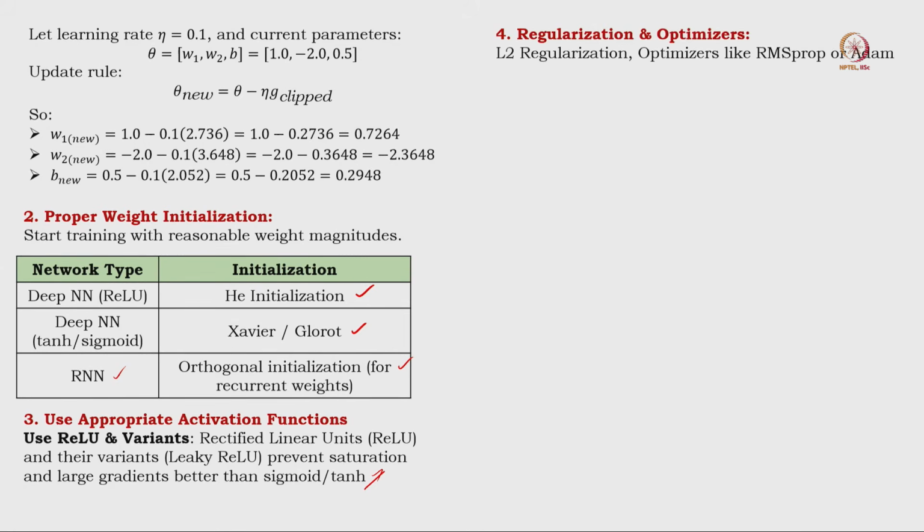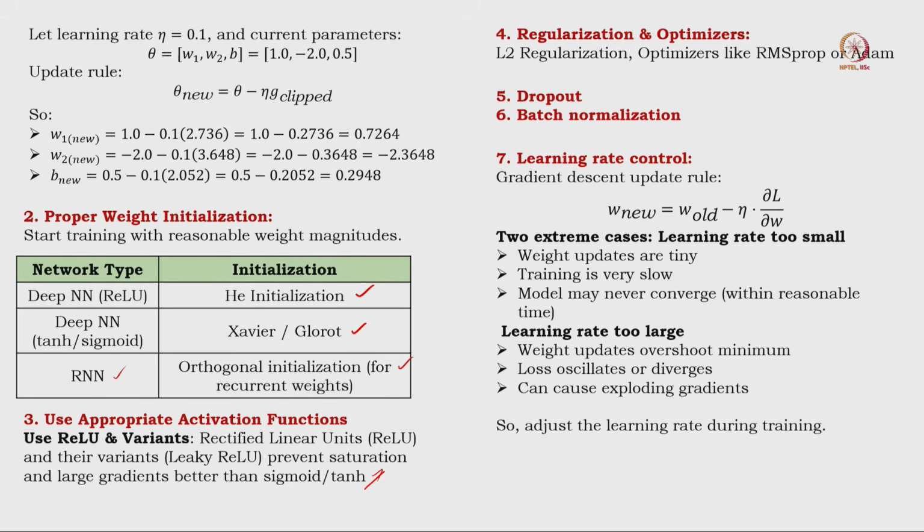Then the fourth technique: you can use regularization and optimizers. L2 regularization will control the exploding gradient, or you can also use optimizers such as RMSprop and Adam. These kinds of optimizers will control the exploding gradient. You can also try adding dropout and batch normalization, which will also control it.